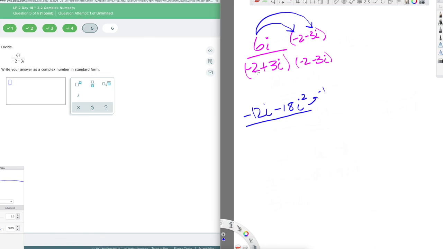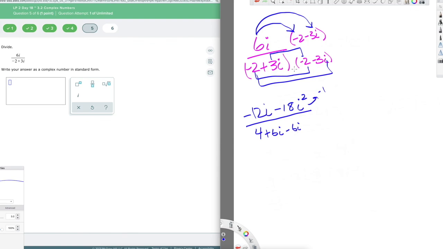So we have 4, -2 times -2. And then we have -2 times -3 is +6i. And then, going to the next number, we have 3i times -2, so that's -6i. If you notice, these are going to cancel out, and we're not going to end up with an i in the denominator at all.